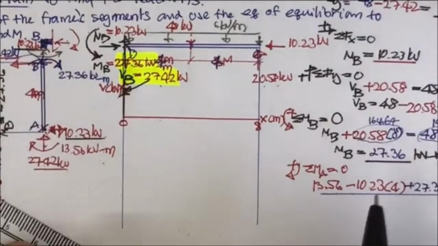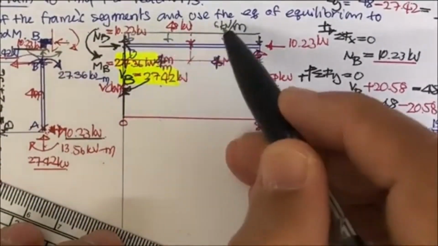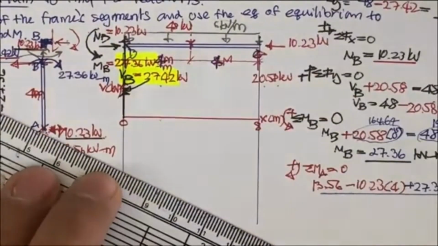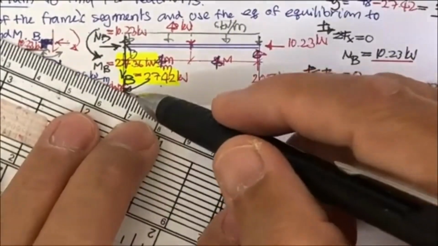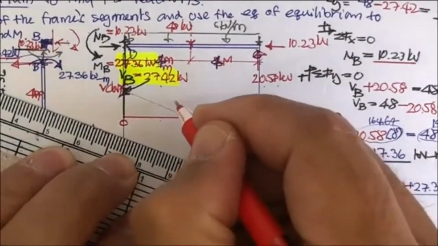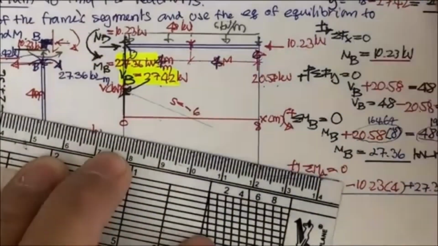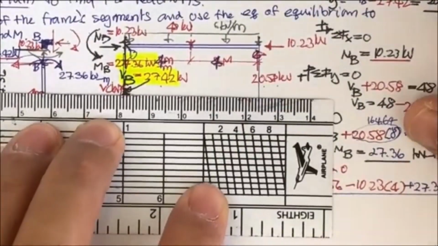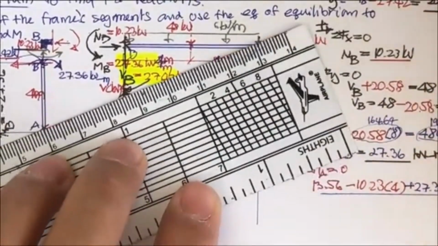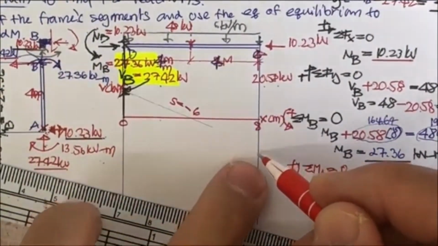Okay, that is, you use this number directly, and then you come over here, you have the 6 kilonewton per meter. That means your graph is going to go downwards like this, because the slope here, dV by dx, is going to be -6. Okay, if it's 0, it's going to be horizontal. If it's positive, it's going to be upward. Okay, so what is the value this one is supposed to be?